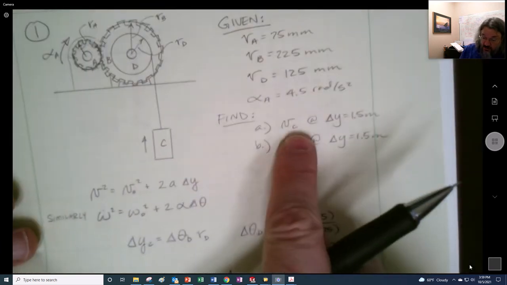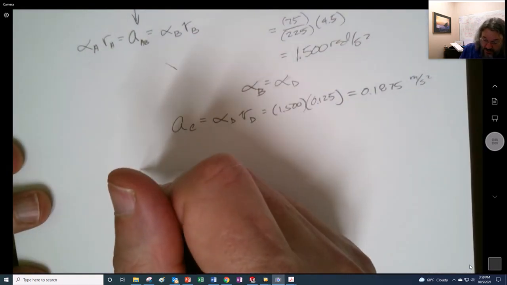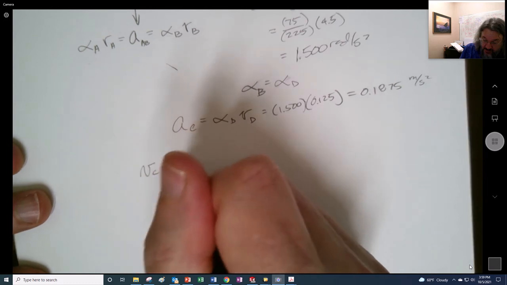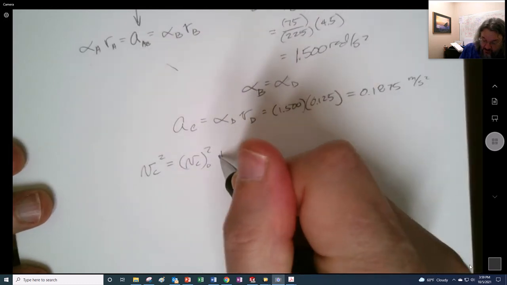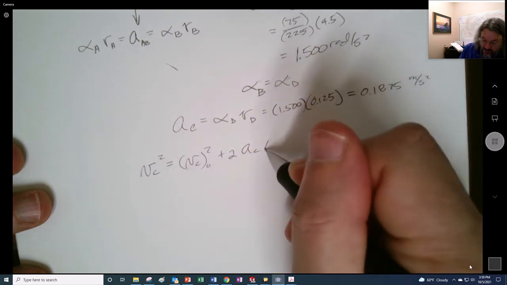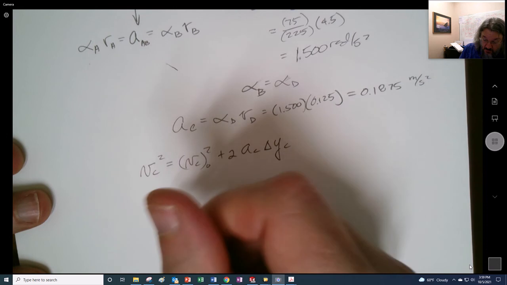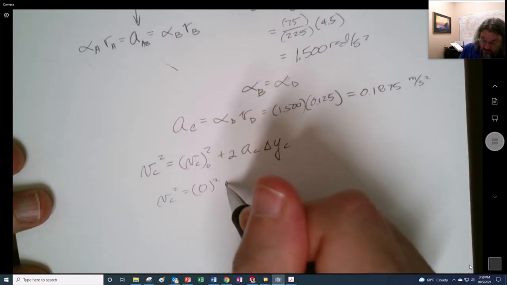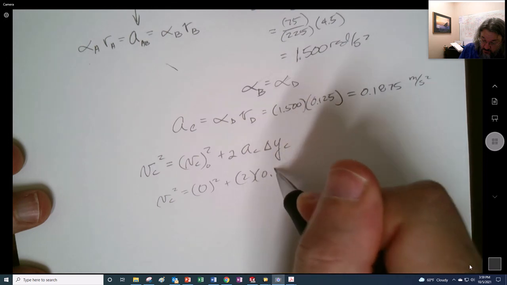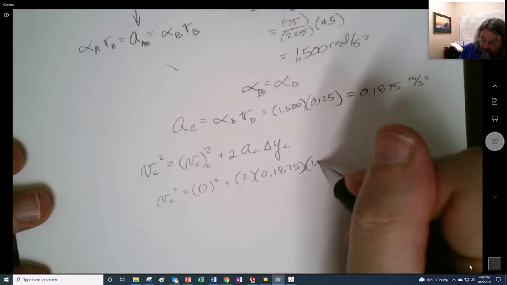Now we know this position and we know this acceleration, so we could have the velocity of C squared equals velocity of C original squared plus 2 times the acceleration of C times delta y of C. So 0 squared plus 2 times 0.1875, and then we know that it's going to go 1.5.